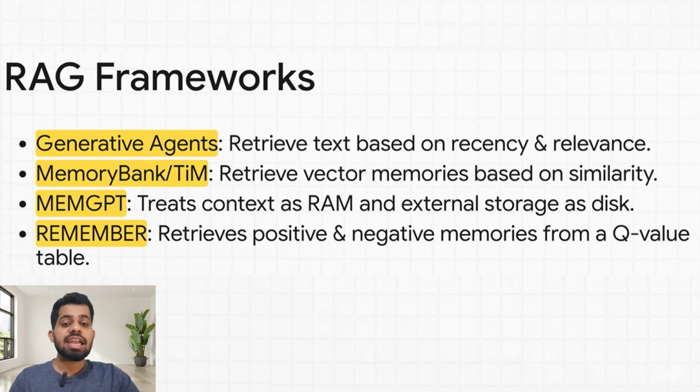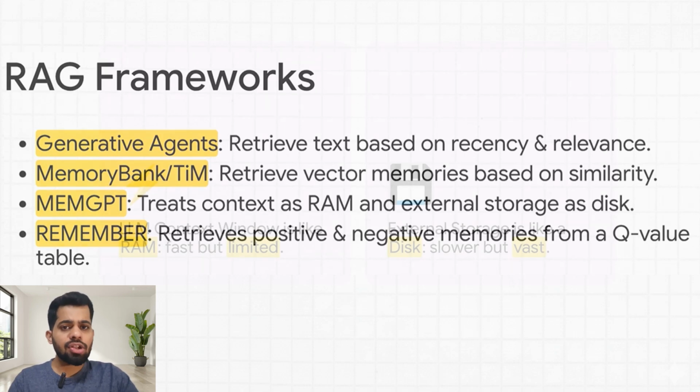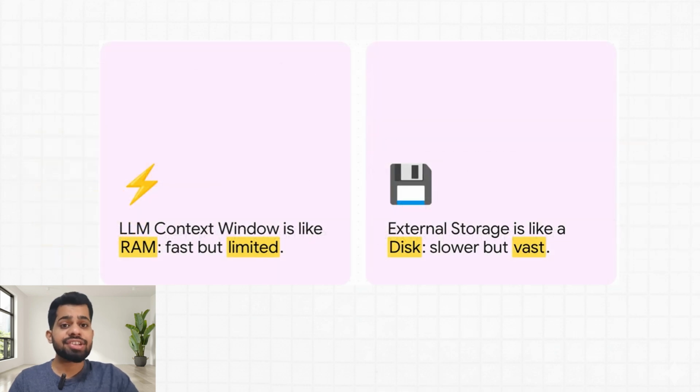Before moving on, let's double click on the MemGPT framework, because the analogy they use is just perfect. It treats the LLM context window like a computer's RAM. You know, it's super fast but limited. The external memory source, on the other hand, is like a computer's massive hard drive. It's slower but holds way more stuff.